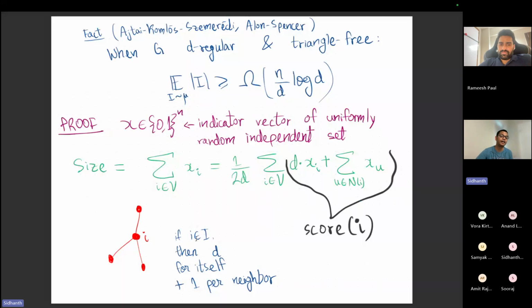So any i in the independent set is counted 2d times. So the size of the independent set is 1 over 2d times the sum of these local functions, and I'll call these local functions the scores. So the size of the independent set is 1 over 2d times the sum of the scores of all the vertices. I'll pause for a second to let folks absorb this.